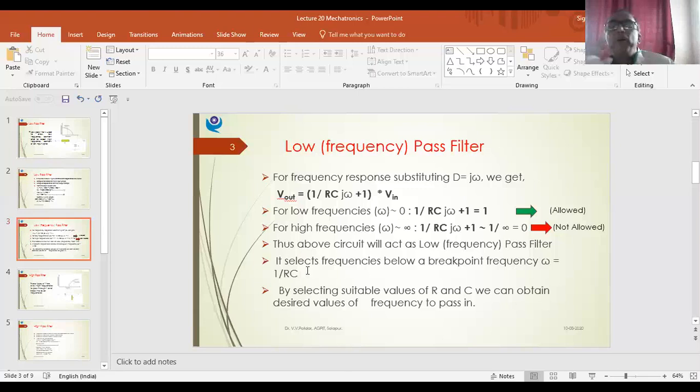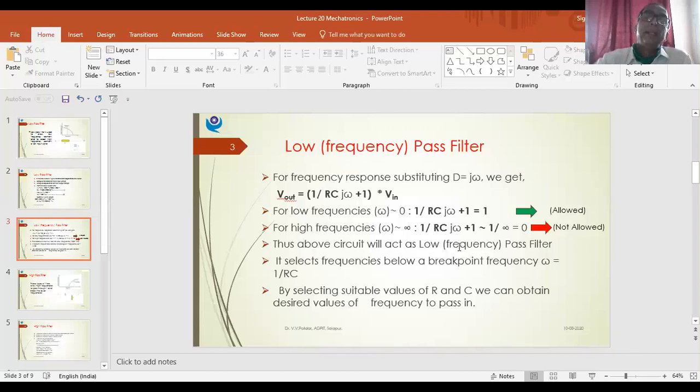Beyond that, if the transducer gives a signal corresponding to a frequency beyond the breakpoint frequency, it will not be allowed. By selecting suitable values of R and C, we can obtain the desired frequencies to pass. Hope it is clear. You should note it down, or refer to the book by Bolton. Everything I've taken from there, but you have to read. Please be attentive. So this is the low frequency pass filter.